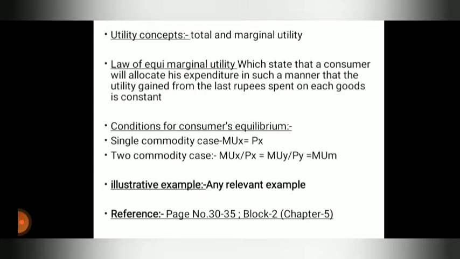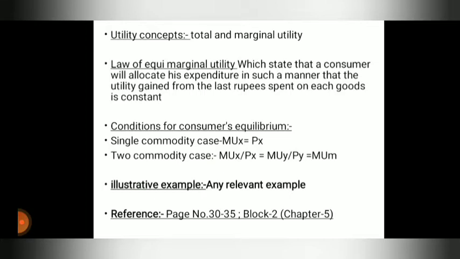So in the single commodity case and the two commodity case, you can explain the conditions for consumer's equilibrium based on the law of equimarginal utility. In the single commodity case, it will be MUx = Px. In the two commodity case, it will be MUx/Px = MUy/Py = marginal utility of money.